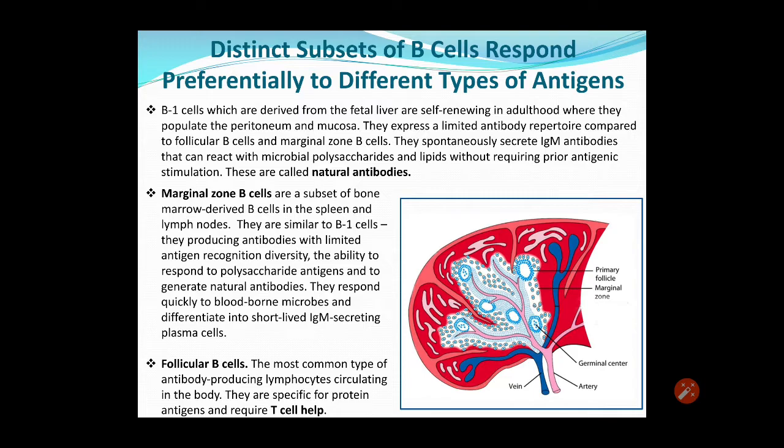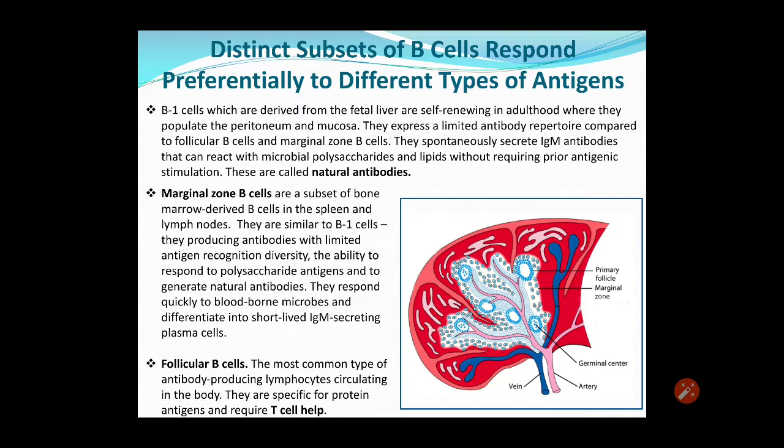They are one of the first antibody-producing B cells in the developing fetus, they occur in the fetal liver, and they continue right up into adulthood. And they produce what are called T-independent antibody responses. So they don't need T cell help.